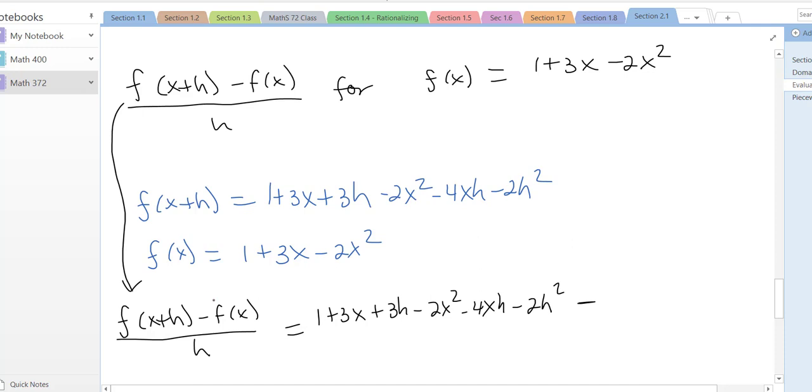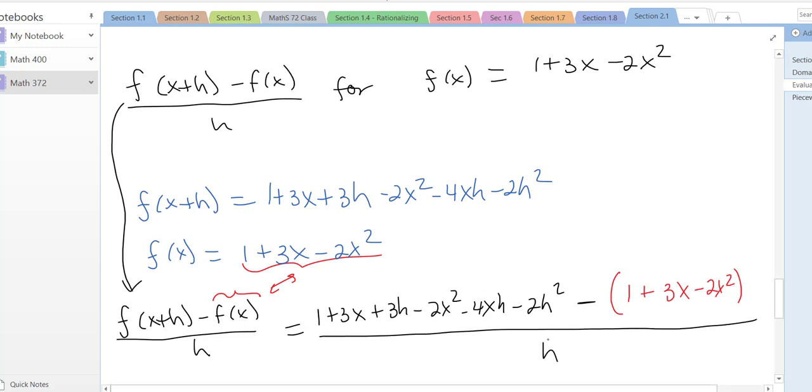F of x is this whole thing. Because I have 3 terms, I'm going to make sure that I use parentheses because I don't want to forget to distribute this negative on the outside. So minus, in parentheses, 1 plus 3x minus 2x squared. And the whole thing is divided by h.